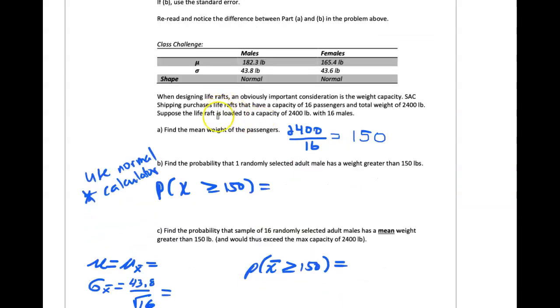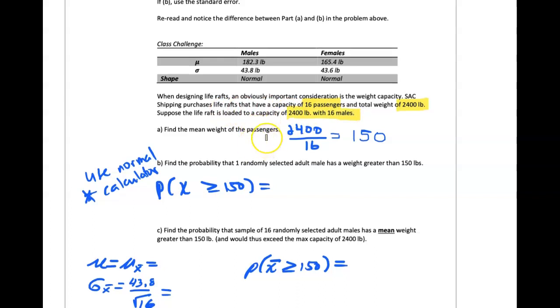And then we're looking at when designing life rafts, it's important to consider the weight capacity, obviously. Let's say Santa Ana College was buying life rafts that can hold 16 people, and the capacity is 2,400, right? And the life raft is going to be loaded with 2,400 pounds, 16 males.